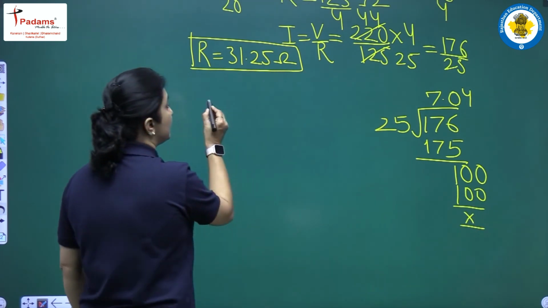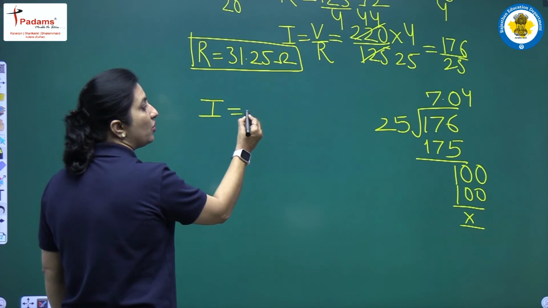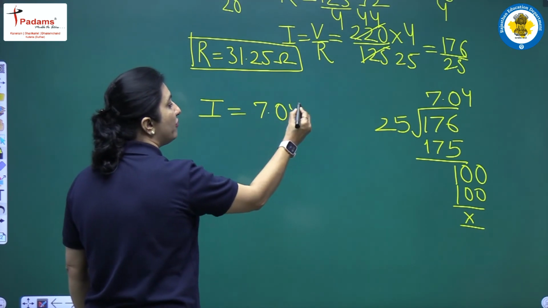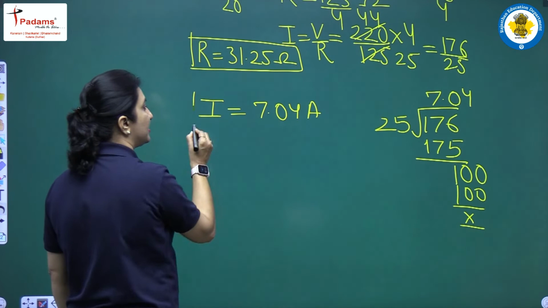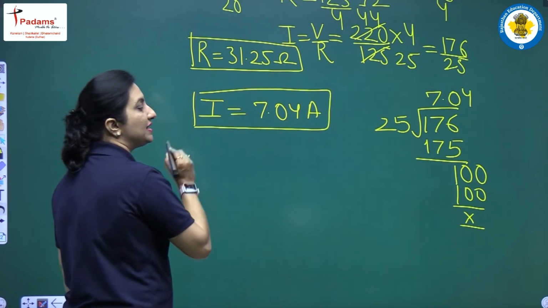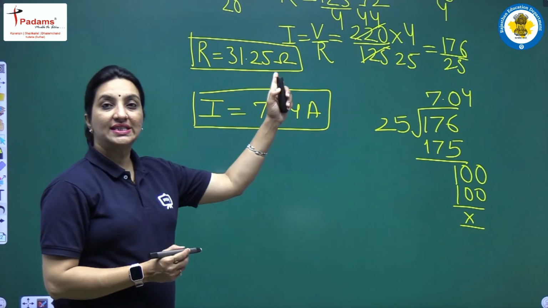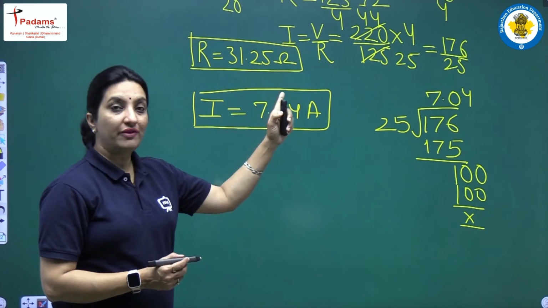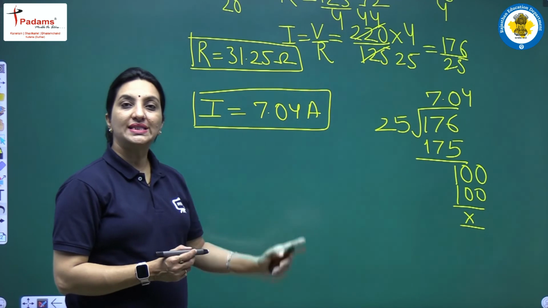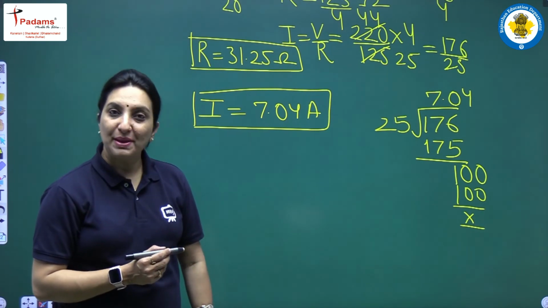So the current in the circuit comes out to be 7.04 amperes. So this is the solution of the numerical problem. The equivalent resistance comes out to be 31.25 ohms and the current comes out to be 7.04 amperes.